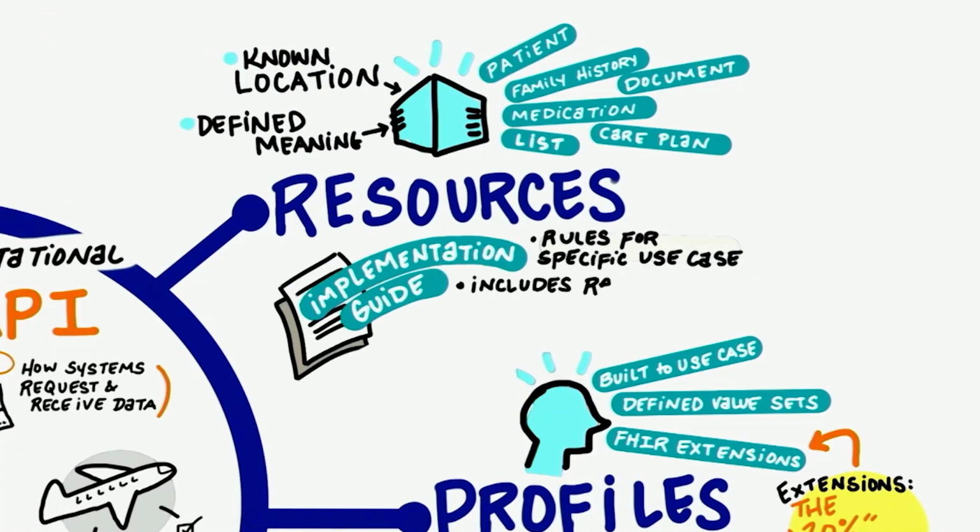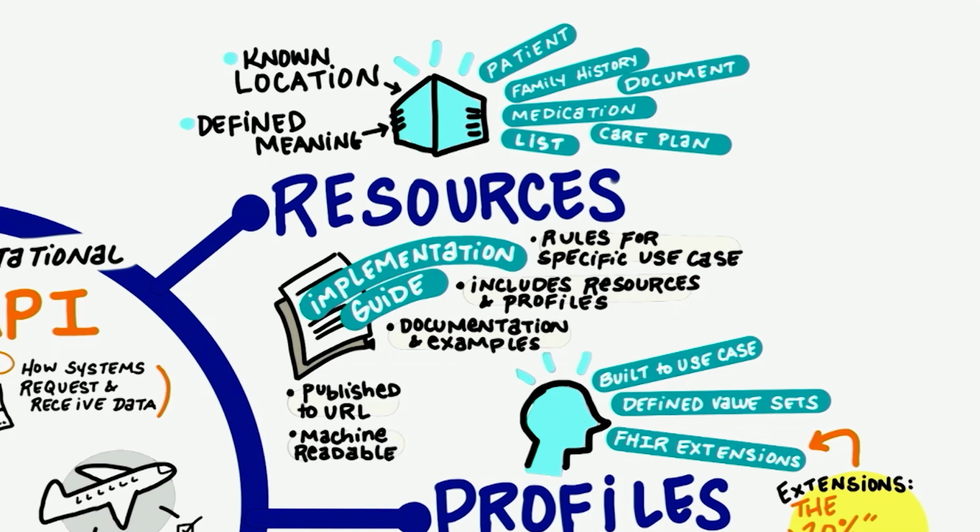So the last thing I want to talk about is FHIR implementation guides, sort of the end game of FHIR. The implementation guide is actually a FHIR resource, and it is for a particular use case, all of the FHIR profiles you need, the extensions, the vocabulary bindings, all in this implementation guide in machine-readable format, which means you can validate your implementation against those FHIR profiles.